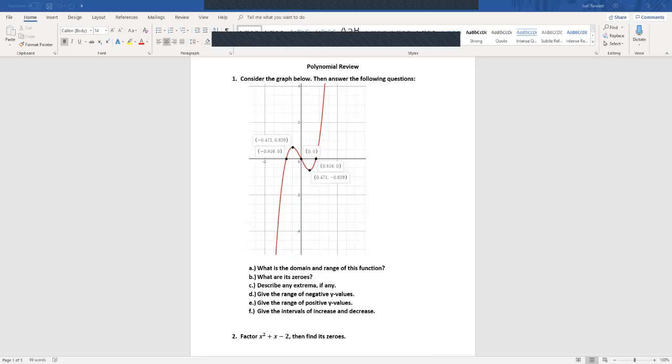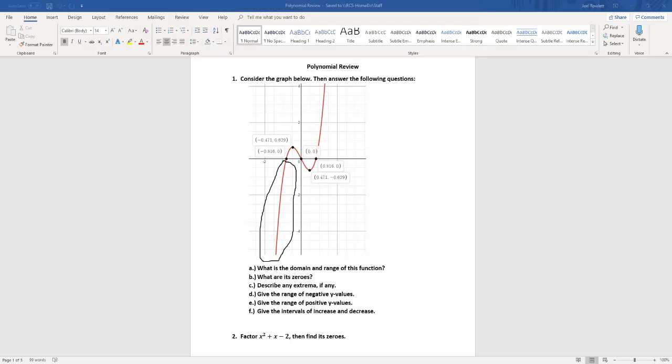Part D, give the range of negative y values. Okay, so we have negative y values if we are below the x-axis. And if we look at the graph, we can tell that all of these y values are going to be negative because the points are below the x-axis.